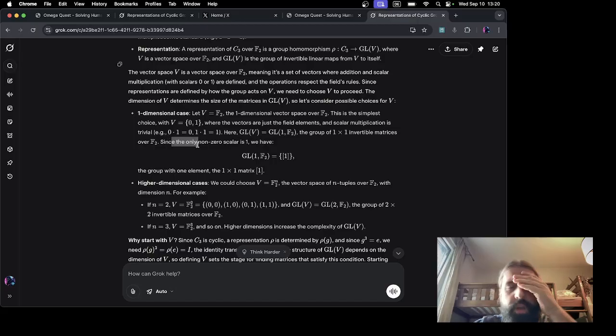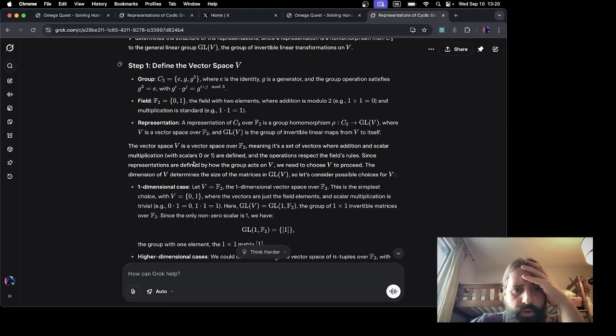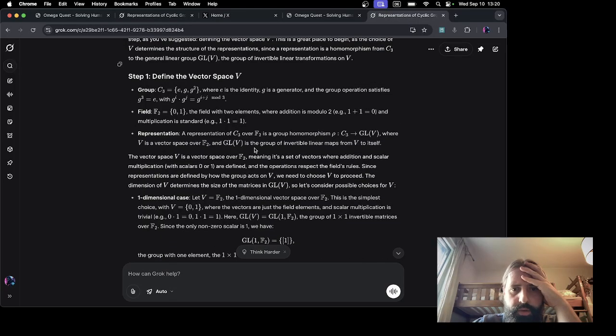Okay, wait a second. Since the representation is defined by how the group acts on V, we need to choose V to proceed.